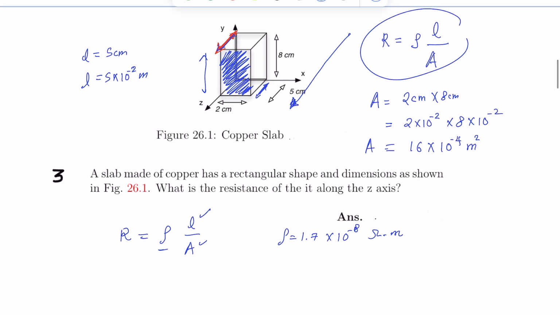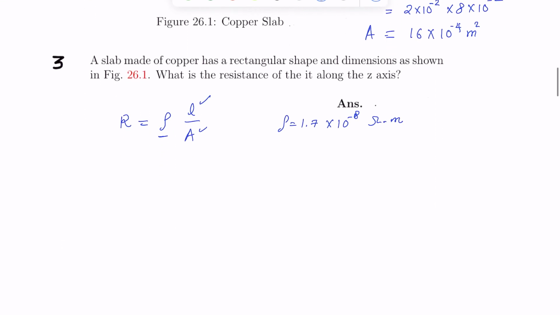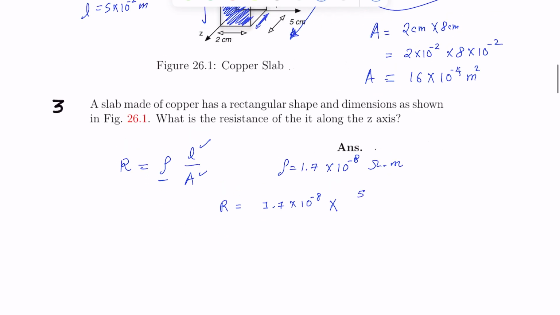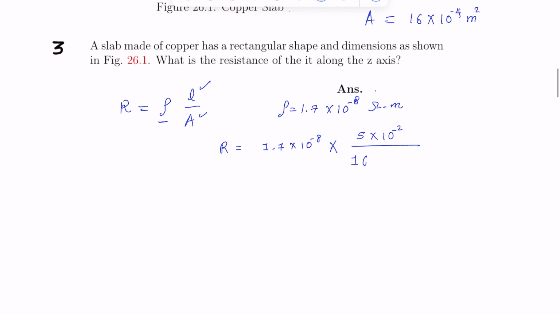Okay, so we have this, and then we just use this formula: R equals 1.7 times 10 to the minus 8, times L, which is 5 times 10 to the minus 2, divided by area, which is 16 times 10 to the minus 4. Everything is in SI, so we've already taken care of that, and we're going to get this answer in ohms. So use your calculators.